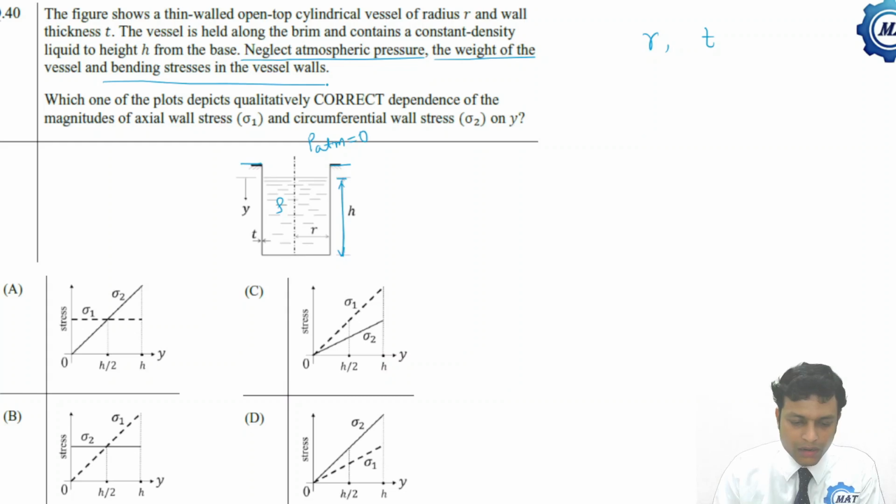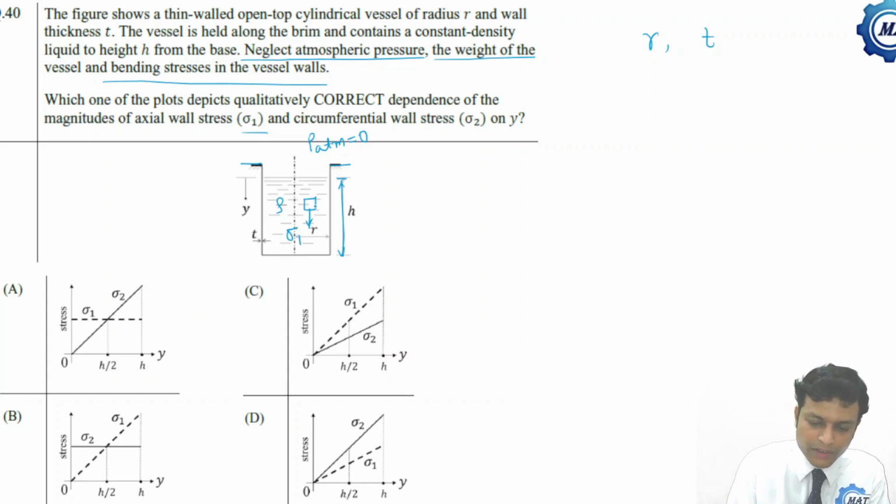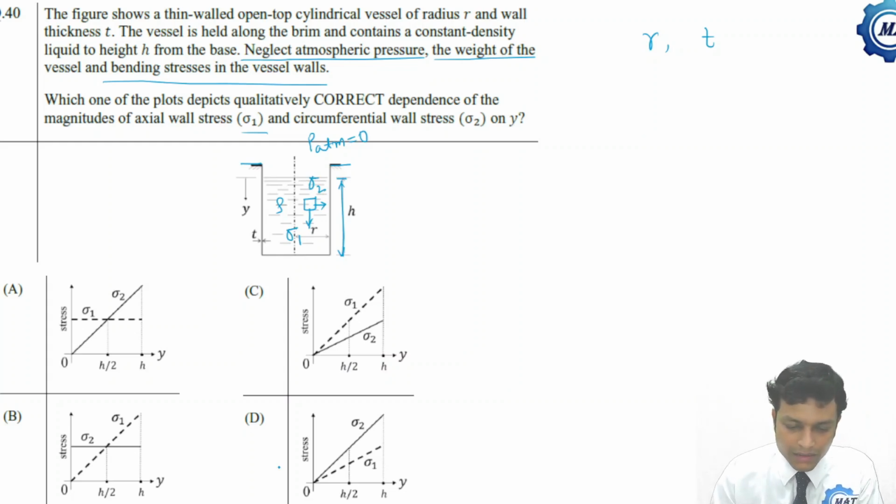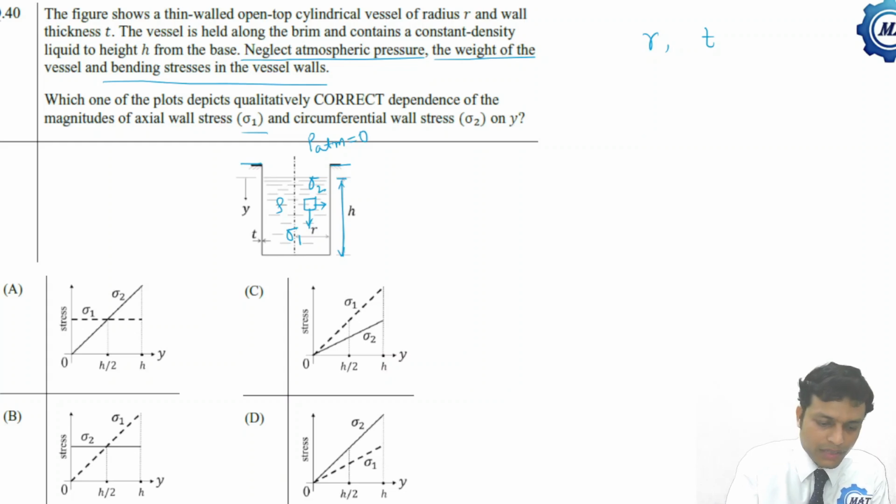Which one of the plots depicts the qualitatively correct variation of the magnitude of axial wall stress, sigma 1, along this direction, and circumferential wall stress sigma 2? Now if I consider any point here, the distance is say y along this direction.